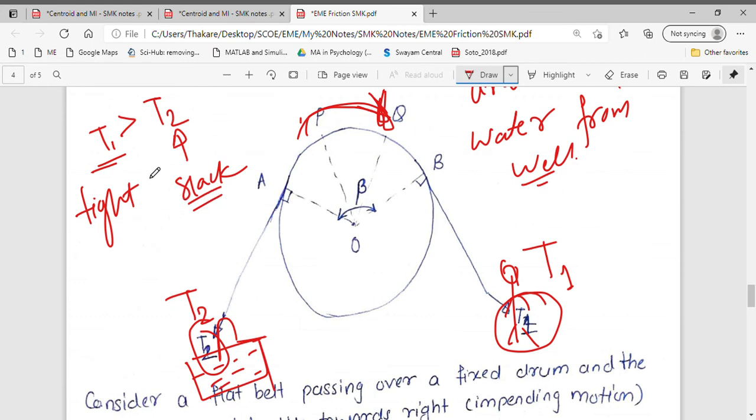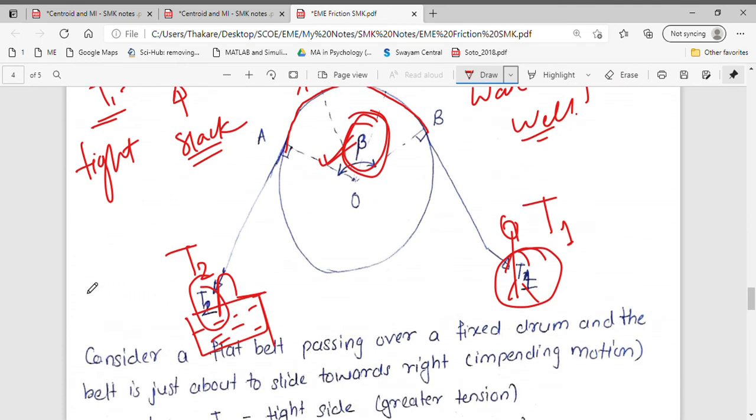And in belt friction, we have the formula of T1 and T2 to determine the coefficient of friction. Beta is the lap angle. Lap angle is the angle of contact between the belt and the pulley. The angle of contact between belt and pulley is called the lap angle, and it is denoted by beta.